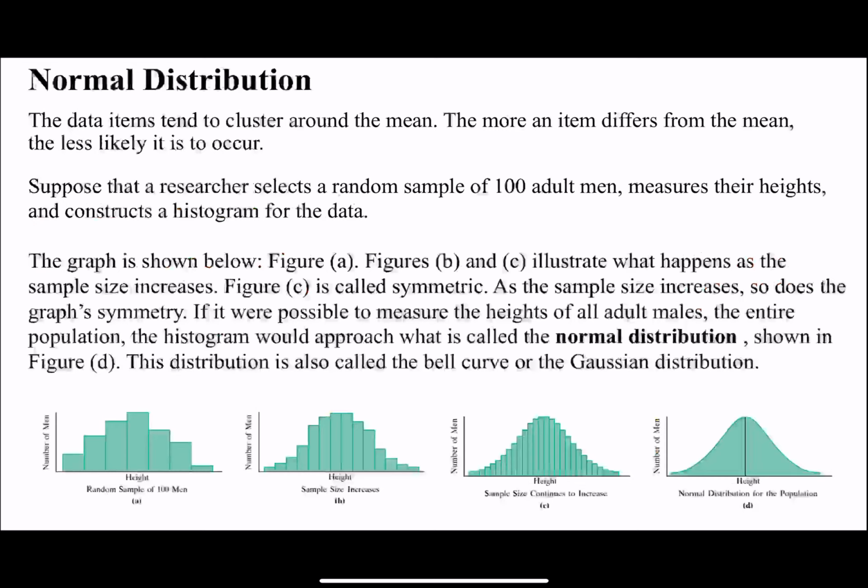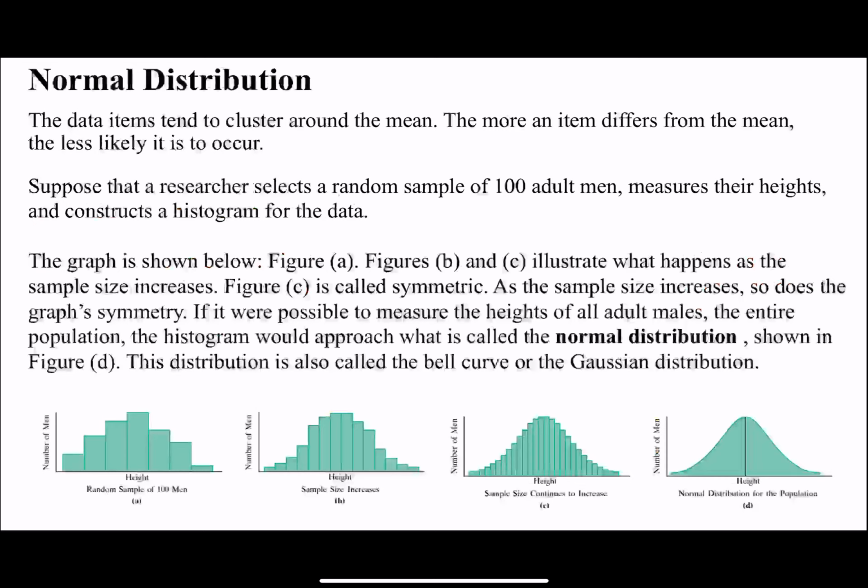Well, as you see, when the sample size is increasing, from A to C, look at C, we can see that we have a symmetric shape. When the sample size increases, the graph symmetry actually increases too. Look at from A to C. When the sample size is increasing, the graph becomes more symmetric, right?